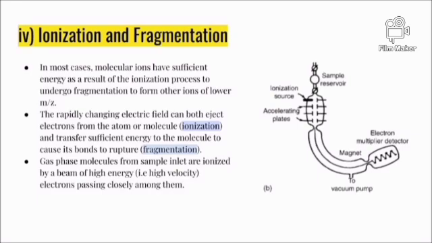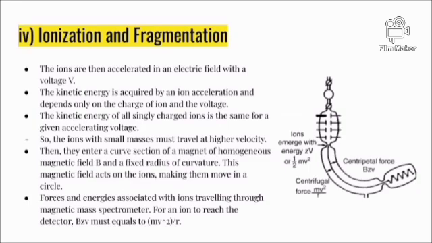Firstly, gas phase molecules from the sample inlet are ionized by a beam of high energy, which is high velocity, electrons passing closely among them. And then the ions are accelerated in an electric field with a voltage V. In this process, the kinetic energy acquired by an ion depends only on the charge of the ion and the voltage.